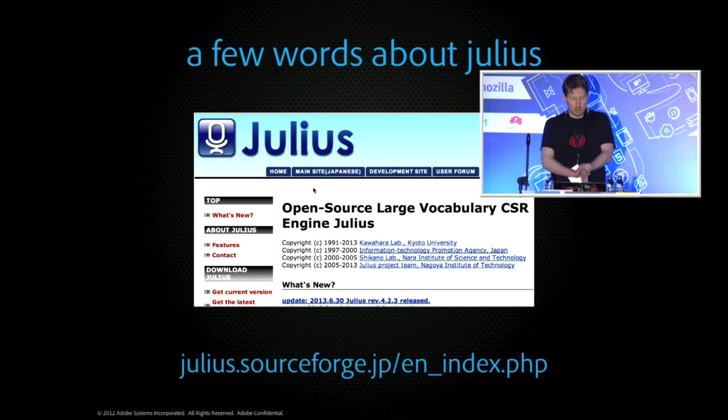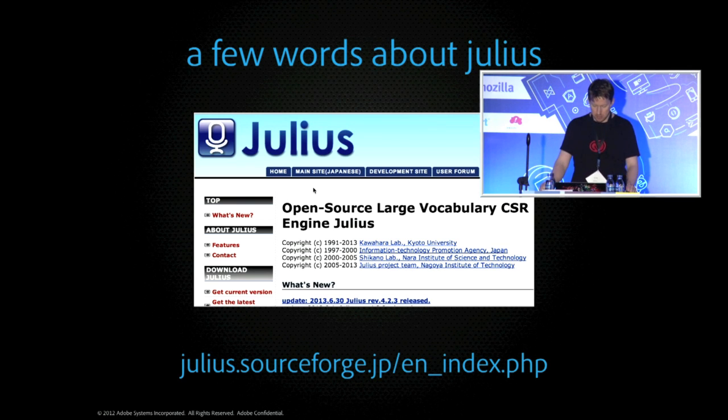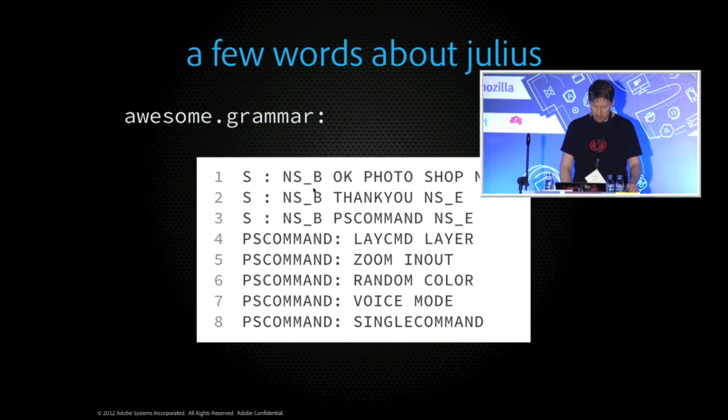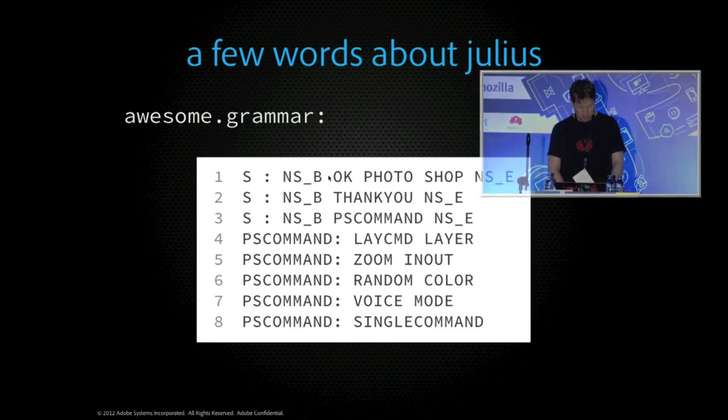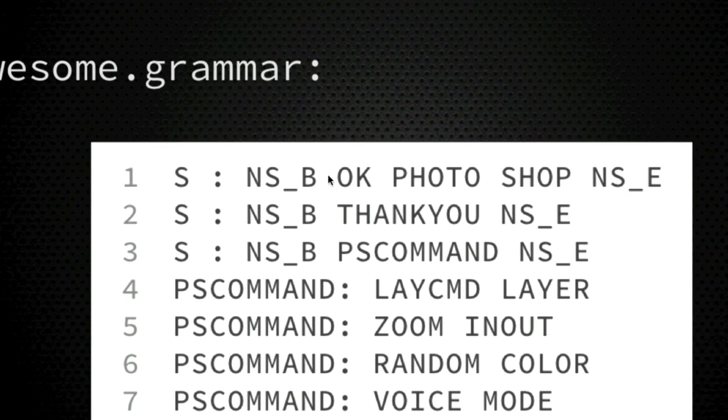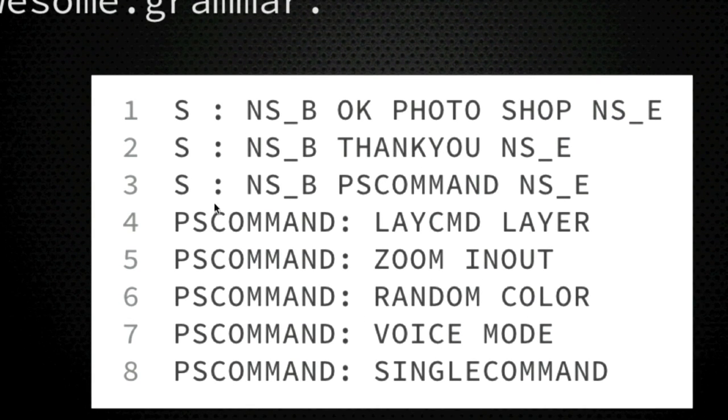Julius is a package that comes out of Japan originally, but all the stuff is localized into English as well. It's a super generalized text recognition engine, but you define your own grammars and vocabularies, and it looks like this. Inside the source, you define a piece of grammar where, let's say, a sentence can start with silence and then "thank you", and then silence ends, or it can be a PS command, which is like layer command layer, for example.